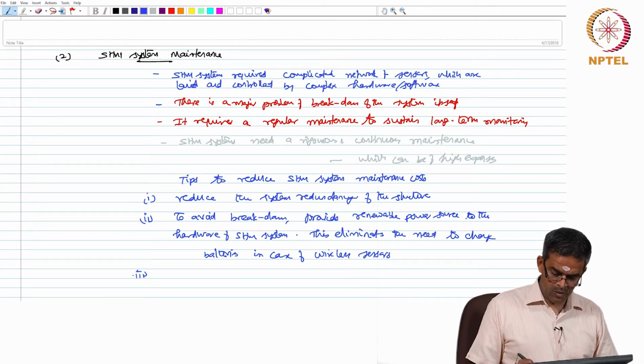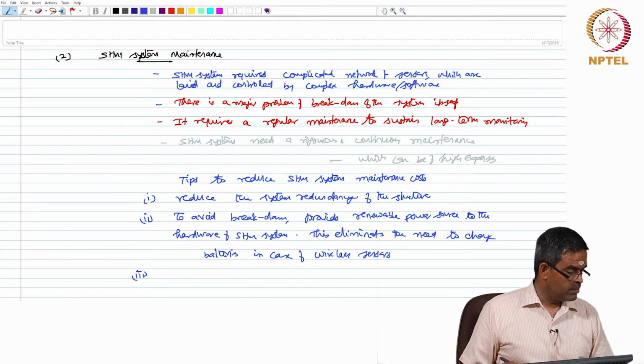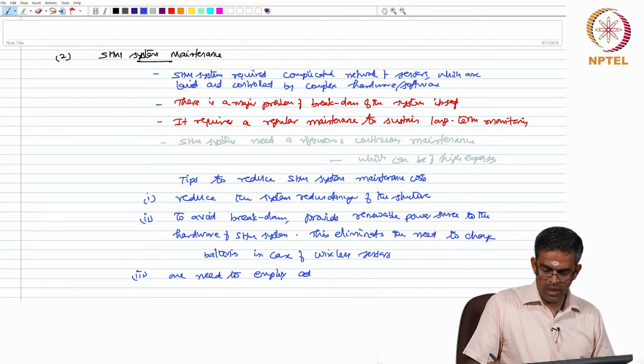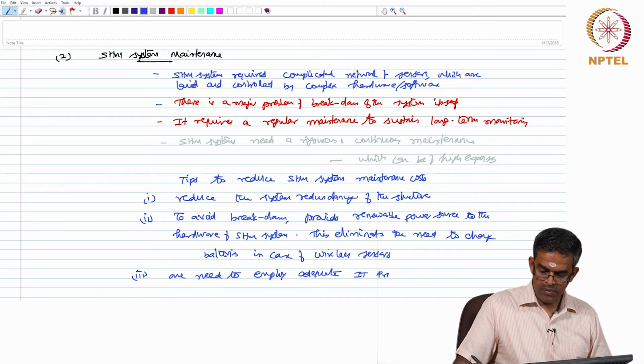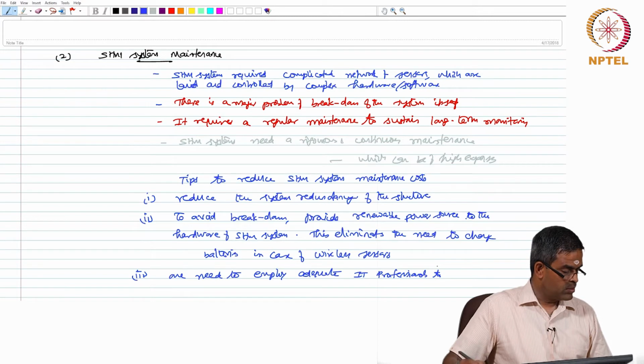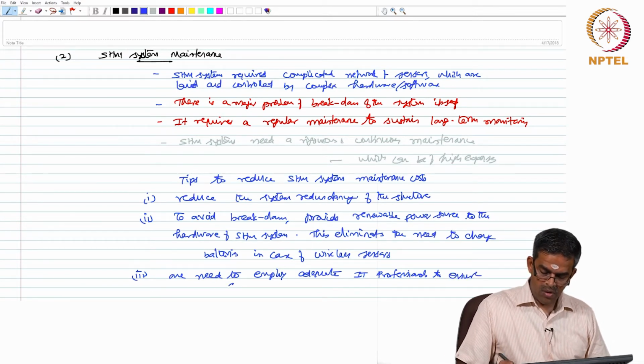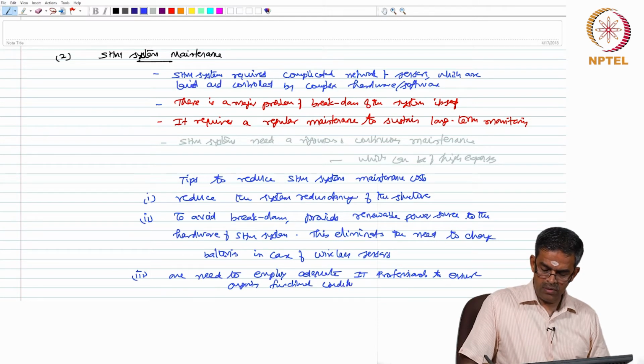The third point could be one needs to employ adequate IT professionals to ensure ongoing functional condition of SHM system.